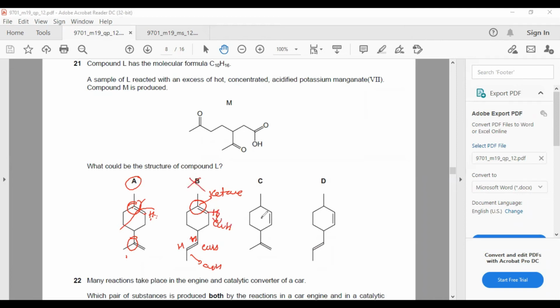Let's see here. One H, one H, one ketone. This will form ketone. This is also wrong because there are two ketones here, and this is also wrong because no ketone will be formed. This is 1H, 1H, 1H, 1H. They all form 4 carboxylic groups.